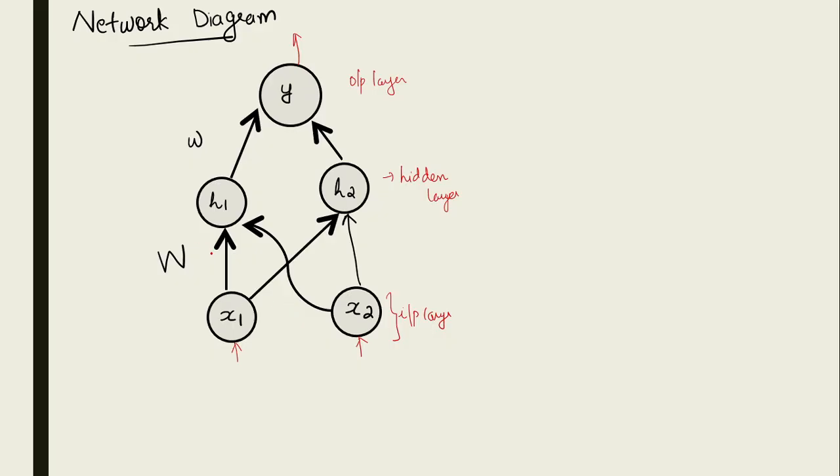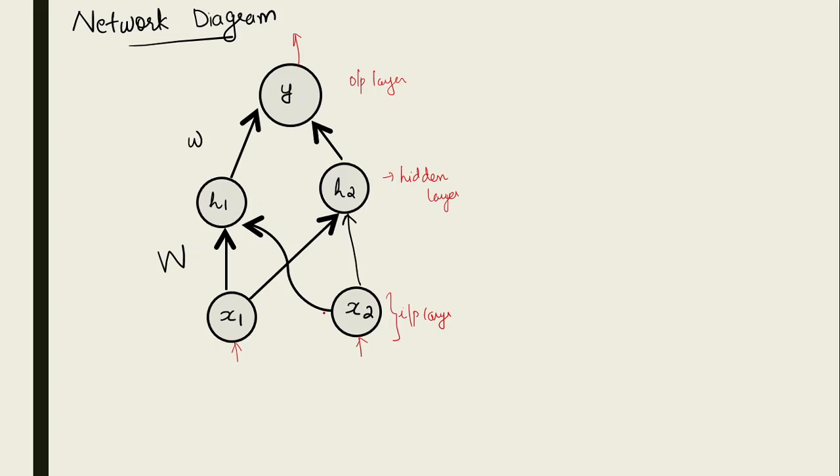Then the parameters for this network. Parameters means its weights and biases. Each edge that connects these neurons will have some weight. The edge connects X1 and H1, and there are edges connecting X2 and H2.